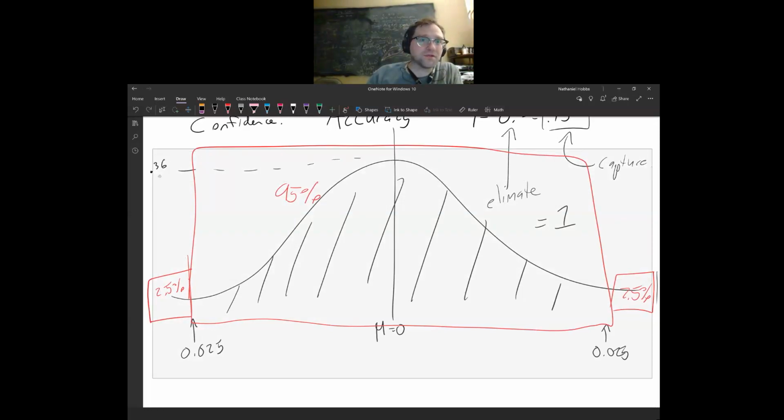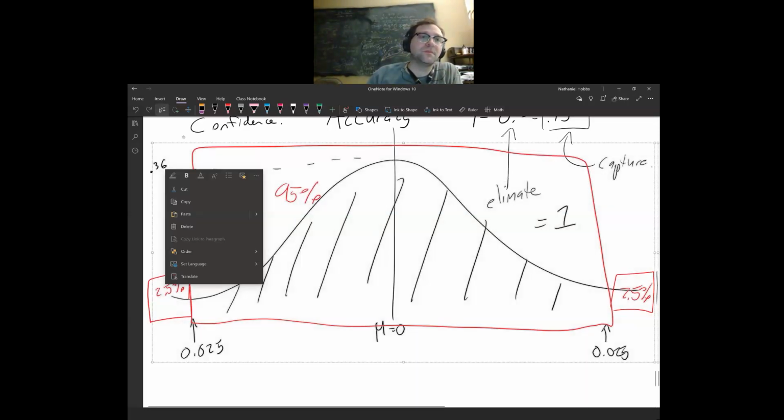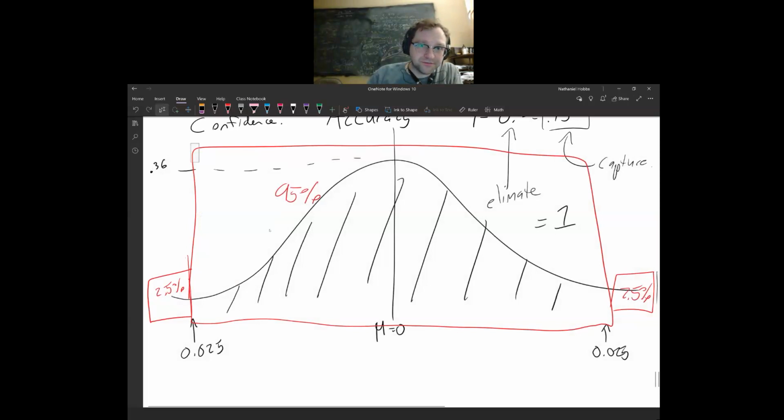By the way, this region here, 95%, is what's captured in 3 standard deviations. 3 standard deviations in a Gaussian curve absorbs 95% of the mass.